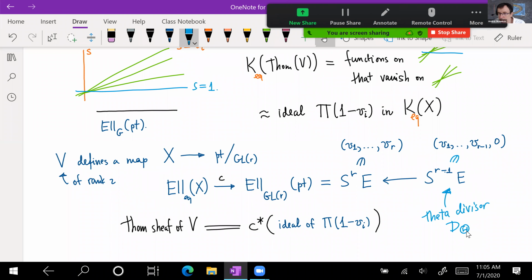Suppose your moduli is such that you don't have any sections, but then it could be that in codimension 1 you start having sections. For example, this is like the Jacobian of a curve. If you're on the right degree, you get a section in codimension 1.